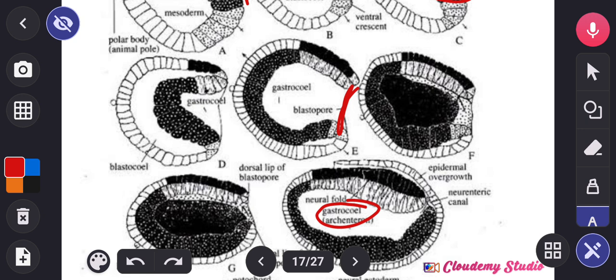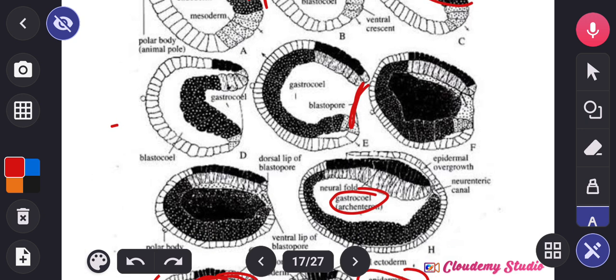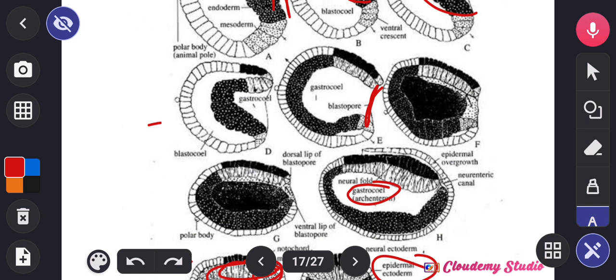Now, we may distinguish the dorsal lip from the ventral lip and from the lateral lip of the blastopore, respectively. You understand?